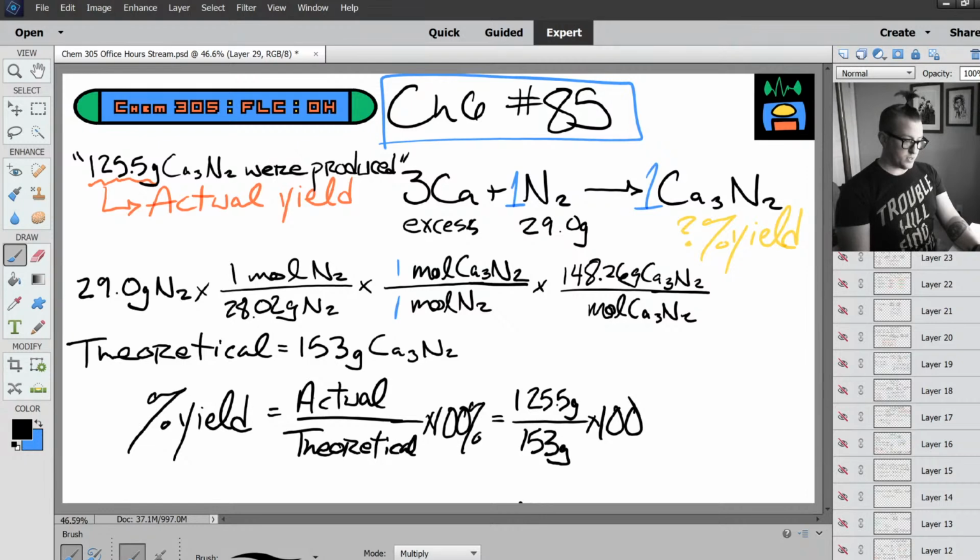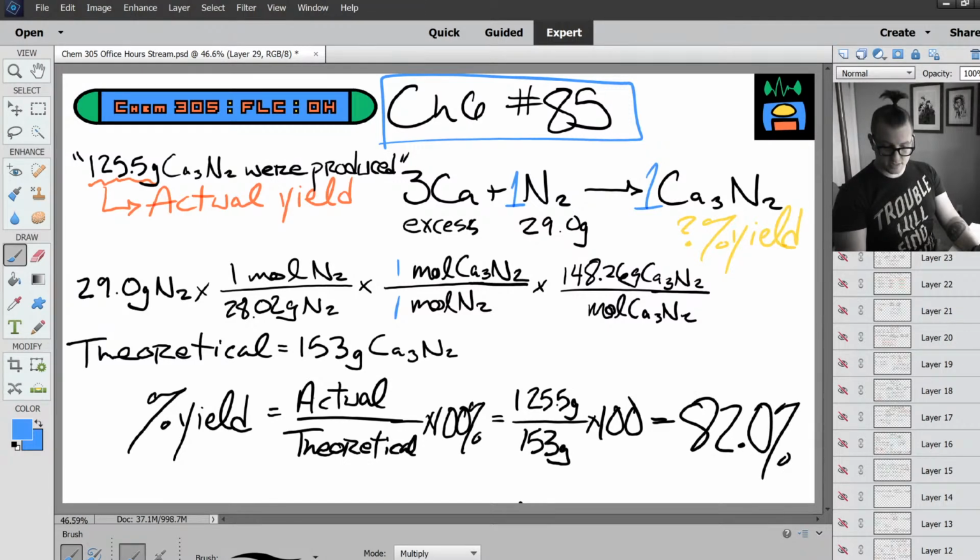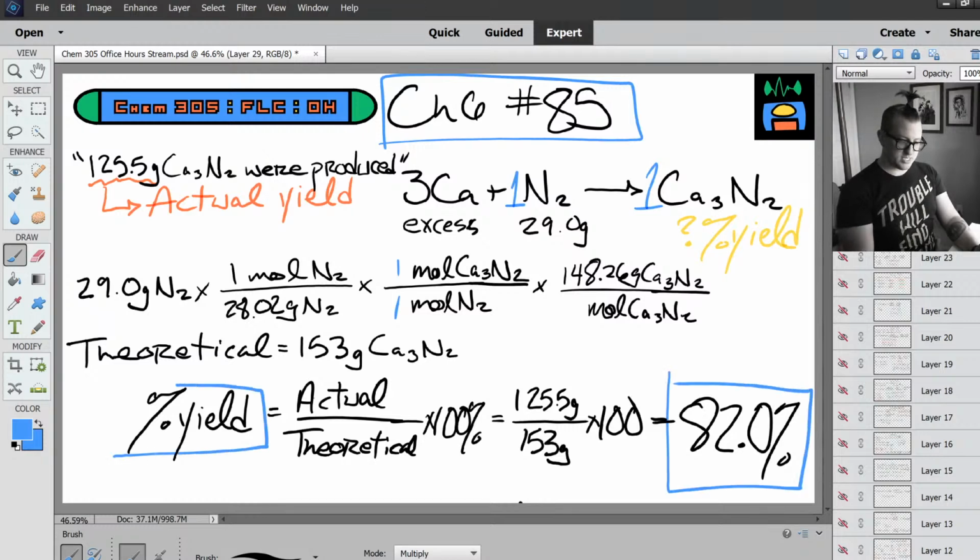So we got 125.5 divided by 153 times 100, keeping 3 sig figs, is 82.0%. This is our percent yield for this reaction. All right, that's chapter 6, number 85.